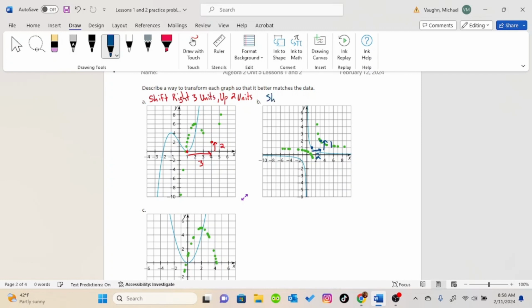So we want to shift right 2 units, up 1 unit. And now our lines would be right on top of the plotted data points.